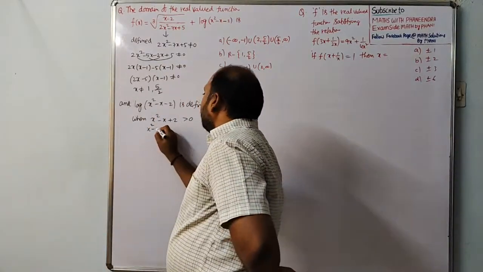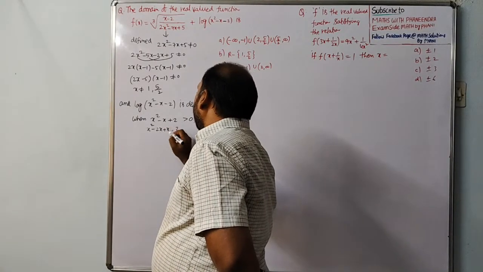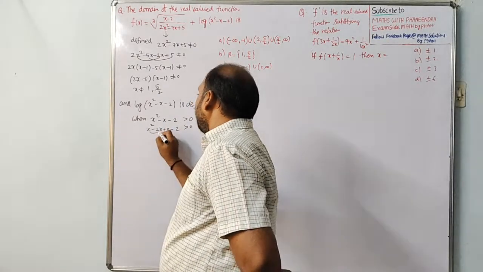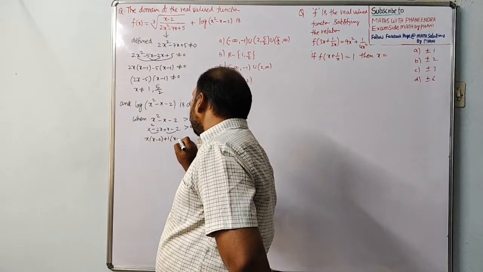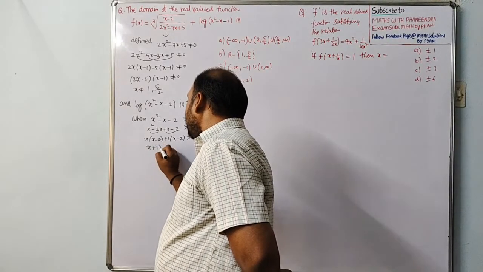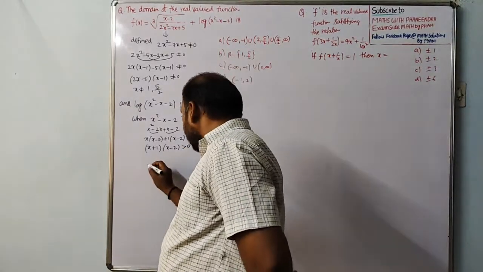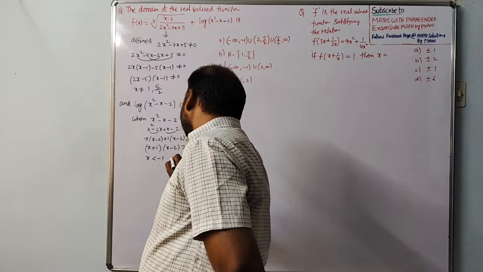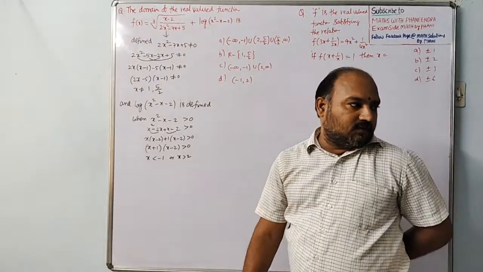So it will be x square minus 2x plus x minus 2 is greater than 0. x into (x minus 2) plus 1 into (x minus 2) is greater than 0. Now (x plus 1) into (x minus 2) is greater than 0. That means x is less than minus 1 or x is greater than 2. This value will come. We know that.